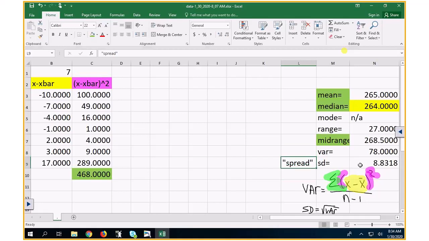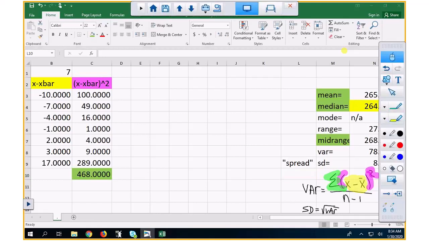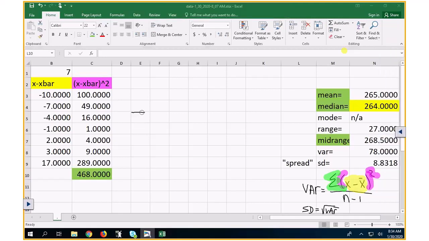There we go. The spread, meaning what kind of spread do you have? Now, this is where we get into the empirical rule. I don't know if I showed y'all this the other day, but I'm showing it to you now. I think it's on page 32. If anybody has a book, somebody needs to look in the index for the empirical rule and tell me what page it's on.